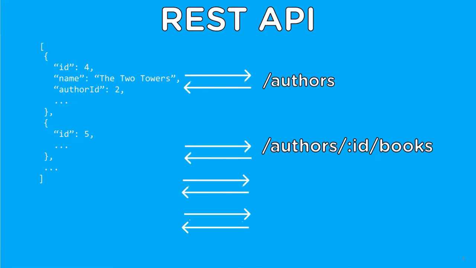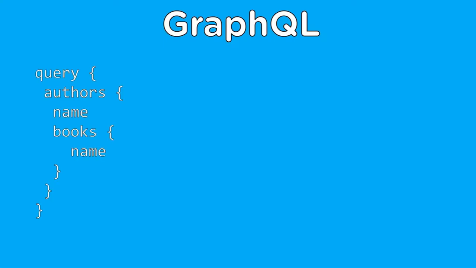If we compare the same example in GraphQL, we will have only one server call. This is how the GraphQL query looks. This is called schema definition language. It is a syntax where we need to write query and authors, and you can see the author name and books and the book name. As we discussed, there is only one endpoint, which is common for any instance.